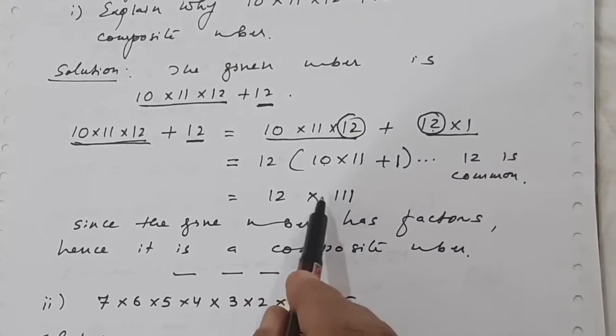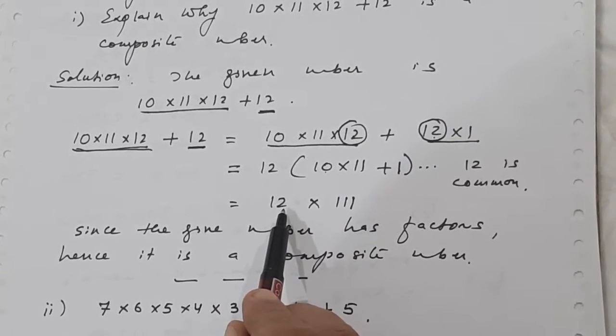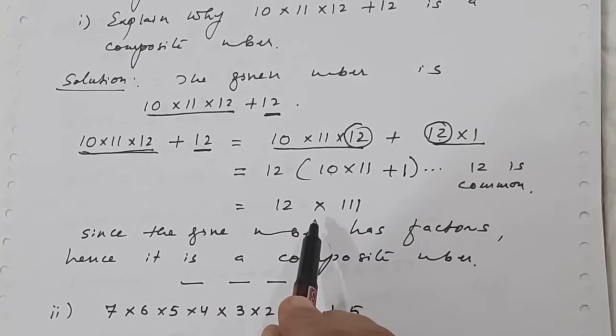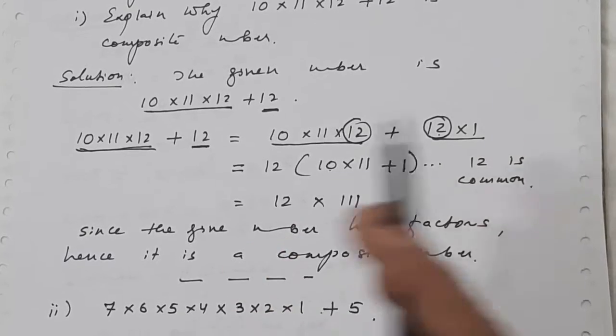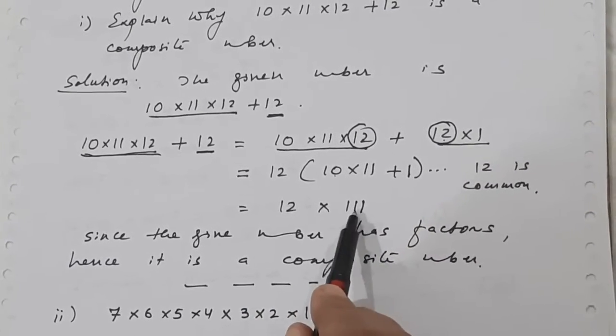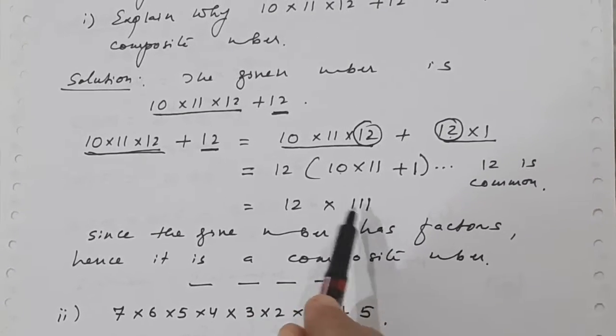By definition, we know that a composite number is a number which has more factors, minimum 2 or more than 2. So you see that 12 into 111, if you multiply you will get one number, and these are the two factors.